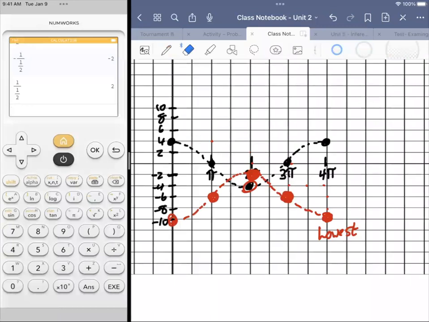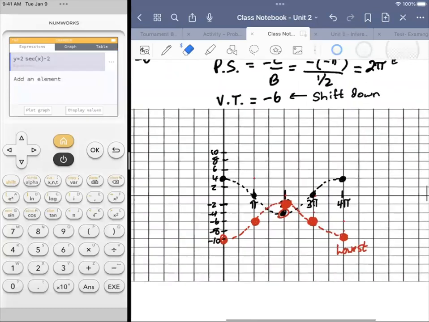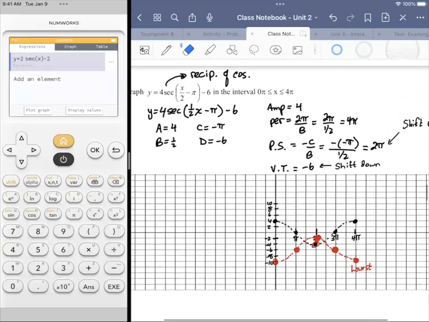All right. And again, I really mean it when I say if you get jammed up, and you saw me get jammed up here, go take a look at the picture and see what the trend is supposed to look like. Now, I don't recommend putting in the secant function here, because what I'm trying to verify is that I got my cosine graph correct. So that's something to bear in mind.